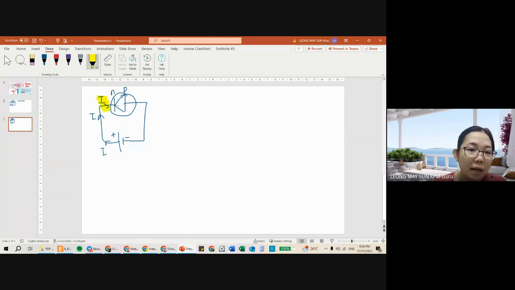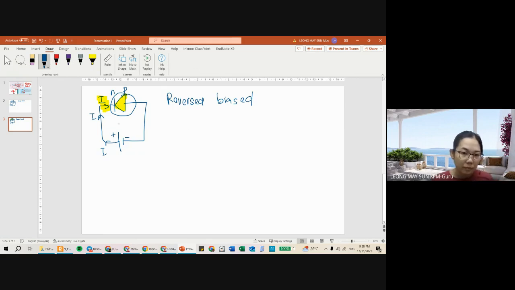Our power supply current is pointing towards the right, but our diode is pointing towards the left. They're against each other. When they're against each other, this is known as reverse bias.